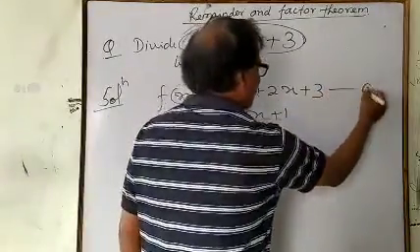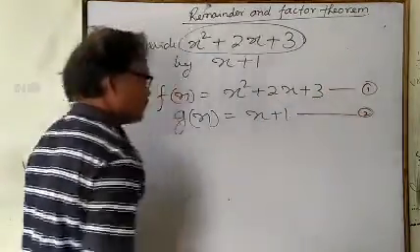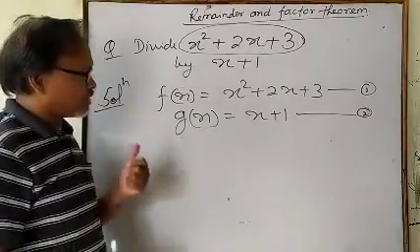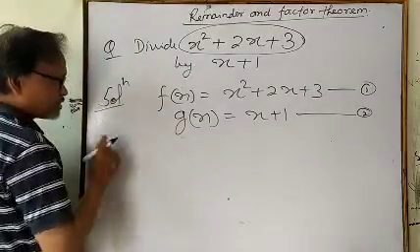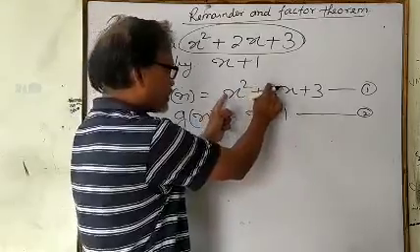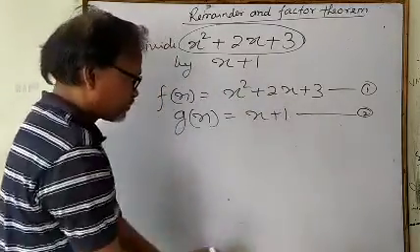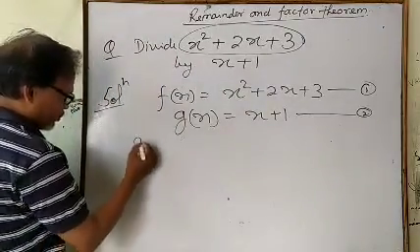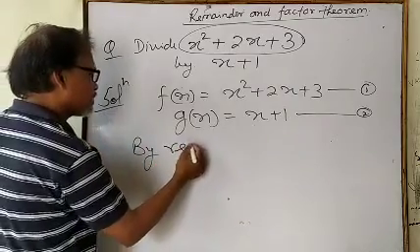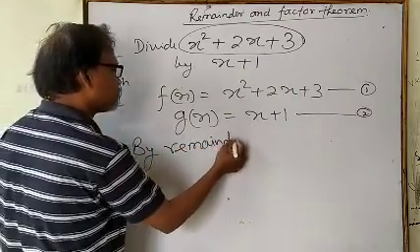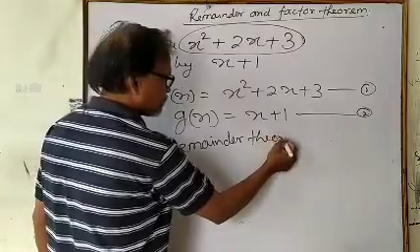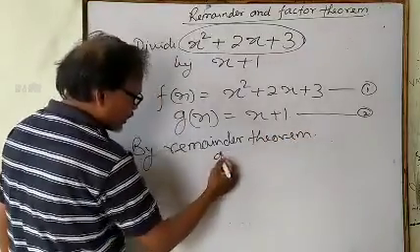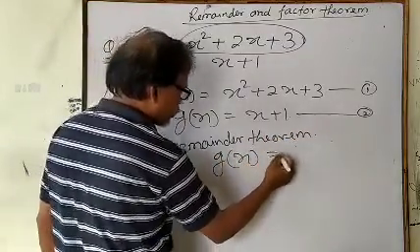This is equation 1 and this is equation 2. Then remainder theorem, as we know, when we divide this by this, then we get the remainder. It means you can write by remainder theorem g(x) is equal to 0.